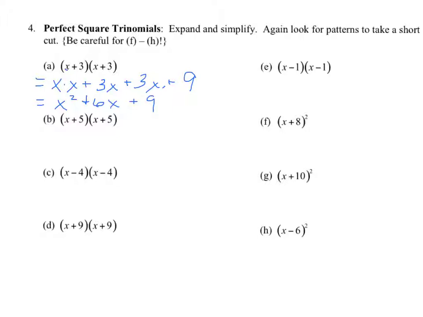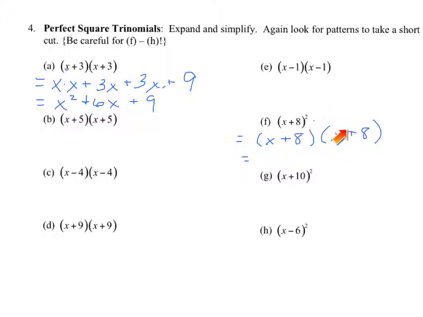Be careful with f. A lot of people forget that the base of that square is the whole quantity x plus 8. So when you see this, a lot of people just want to square the x and square the 8 and be done with it. But it would be good practice to expand that. This is actually saying x plus 8 times x plus 8. And then you'll see that there's a little bit more involved. You've got to multiply the x's and then multiply the x times the 8.